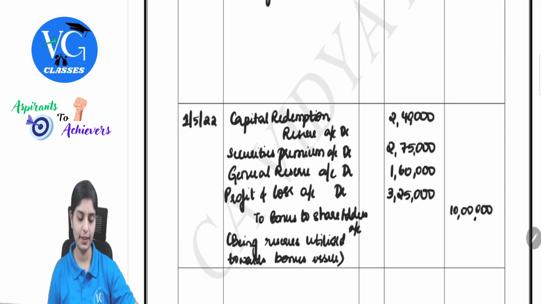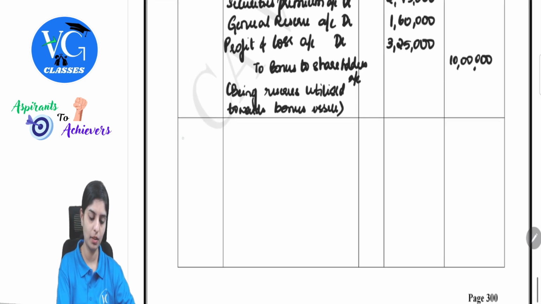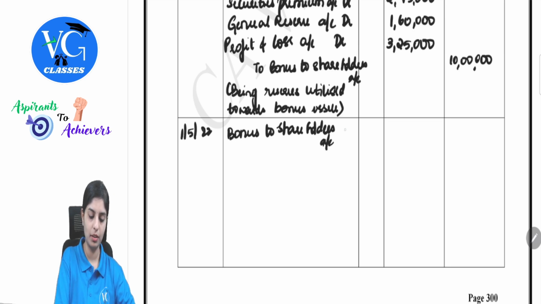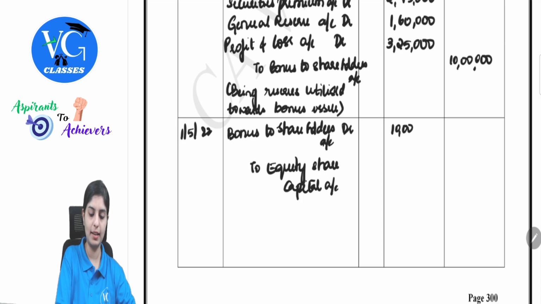So what will be the next entry? Bonus to shareholders account debit. This will also happen on the same date. To equity share capital account. How much? 10 lakh and 10 lakh.